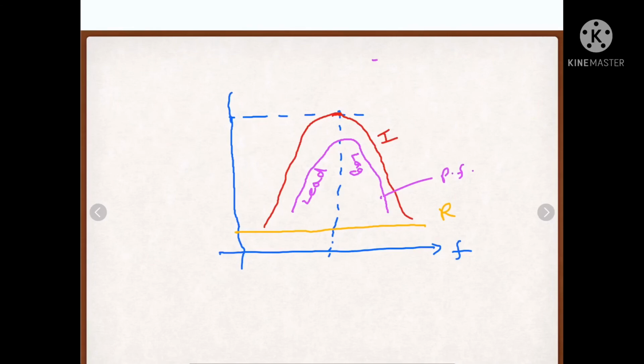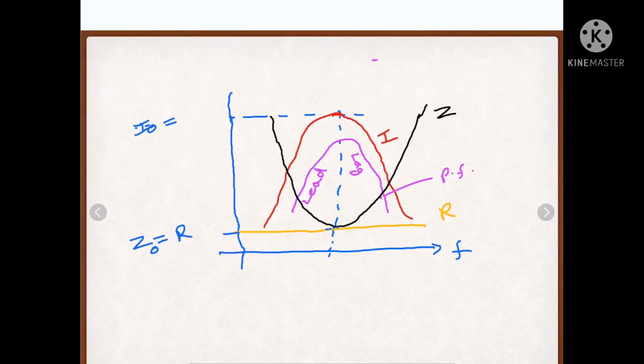And at the last we will draw for impedance. It will be minimum at resonance and will look like this. Okay, so here this will give you Z equal to R, that will be Z naught, and here I naught will be V upon Z naught.